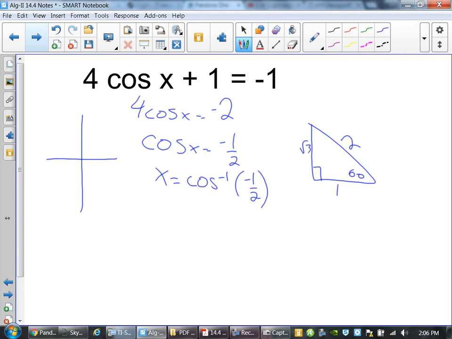Cosine's negative in the third and second quadrant. So if I'm coming up, my reference angle is 60 degrees. Coming up, that means that's 120, pi over 3. Moving down pi over 3 makes it 4 pi over 3. And 60 degrees more than 180 is?